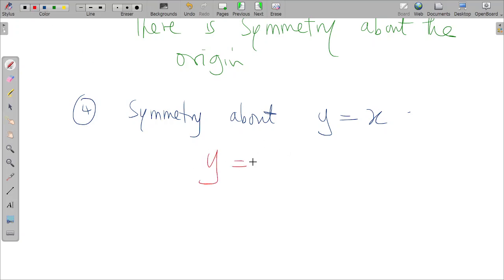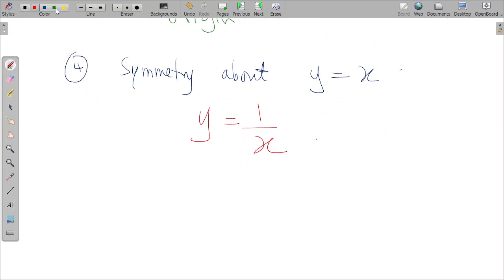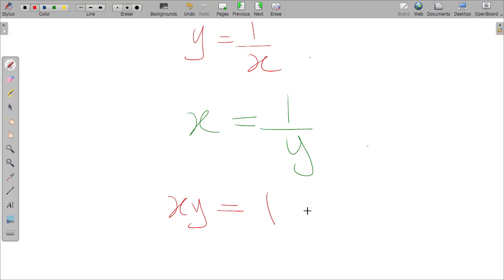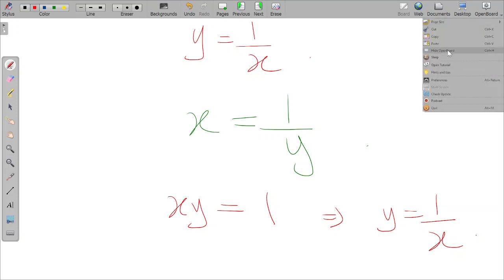So y equals 1 over x becomes x equals 1 over y. If you solve for y again to see if we get the original one, we are going to have xy equals 1, and this implies that y equals 1 over x. So it shows that it's also symmetric about the line y equals x.